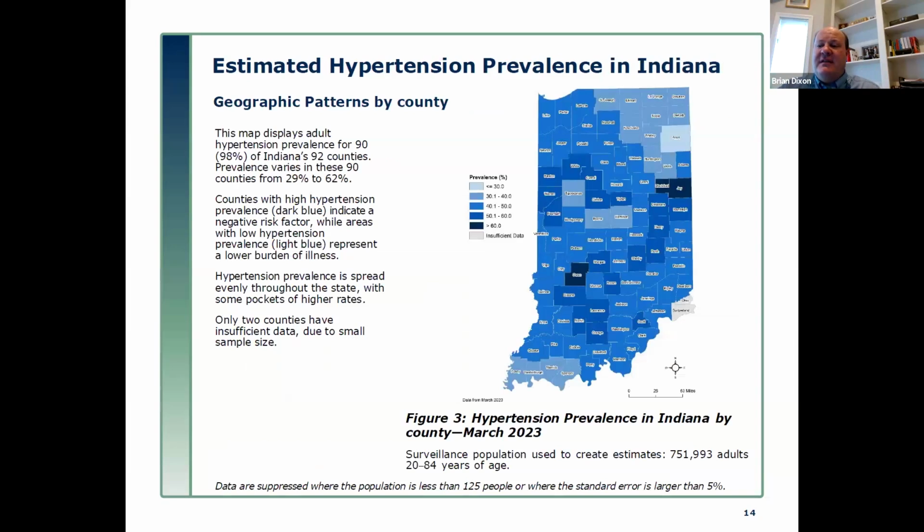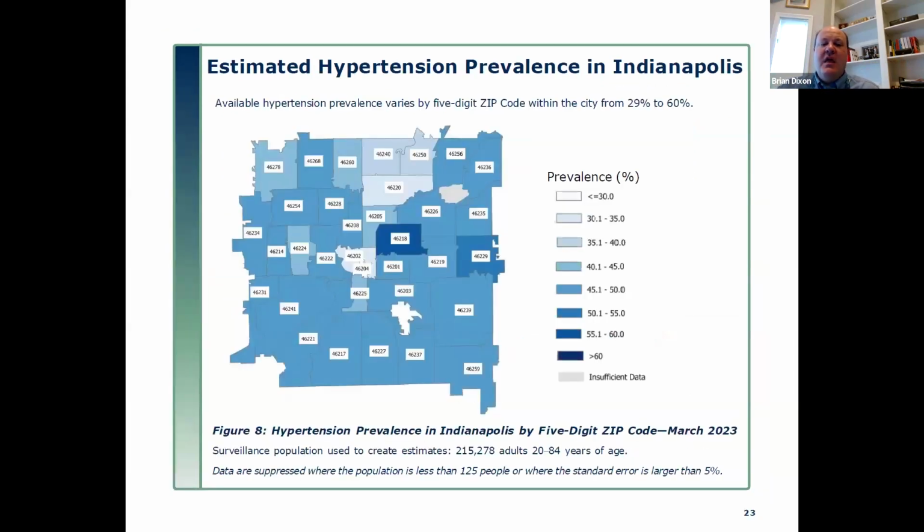We also have the ability to look at it geographically, because we have patient address information in the health information system, so we can look by county, in addition to the statewide data, so we can see where those clusters of high prevalence of hypertension are around the state.